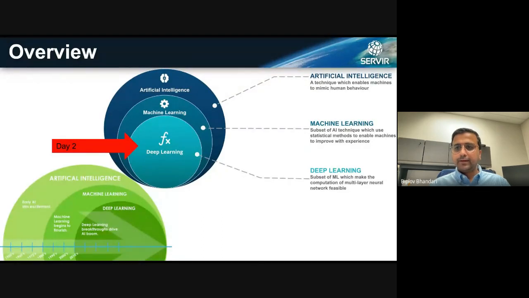In 2012, AlexNet won the ImageNet competition, and it increased the accuracy by more than 10%. That was when the era of deep learning really emerged. And after that, literally every week new algorithms come up, and it's a great time to be in this deep learning era. So just a background on that.